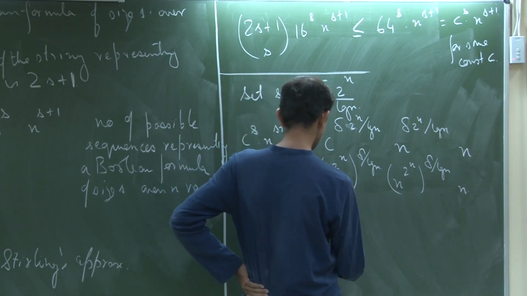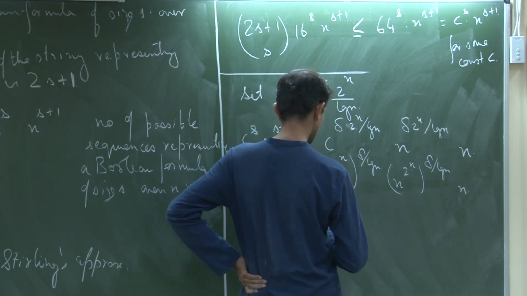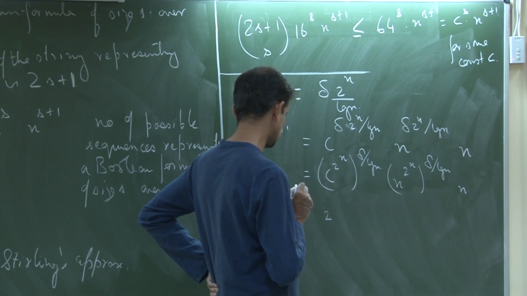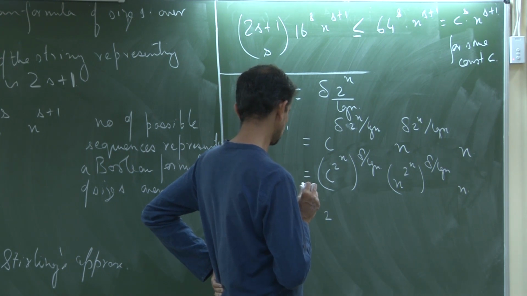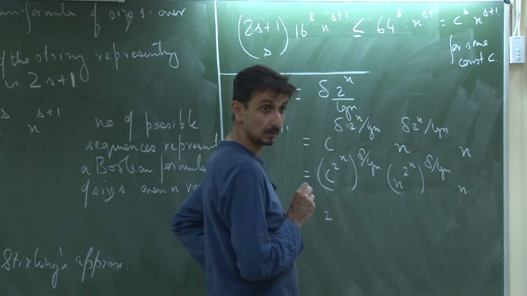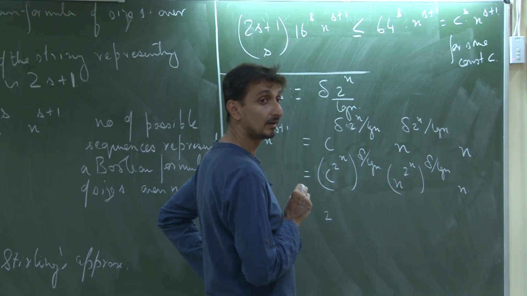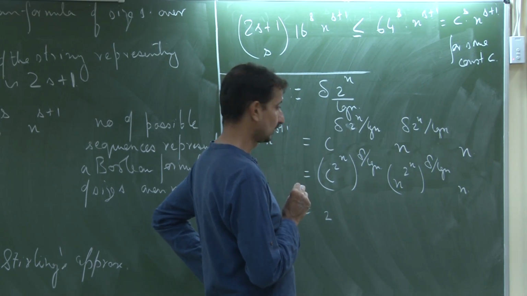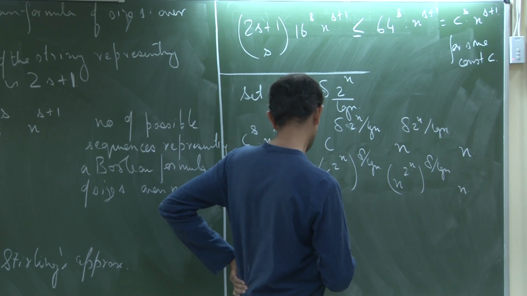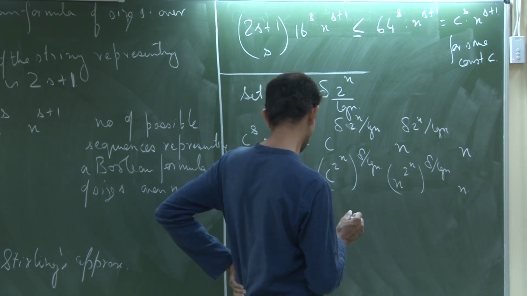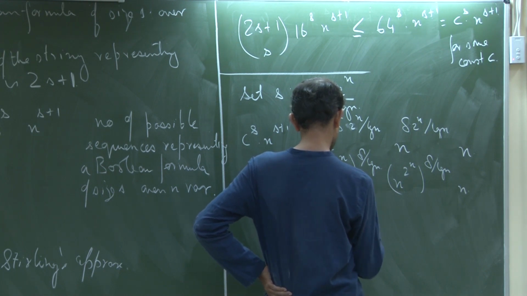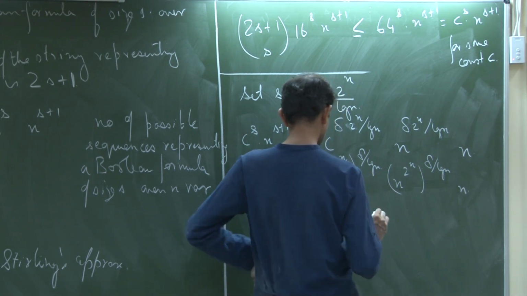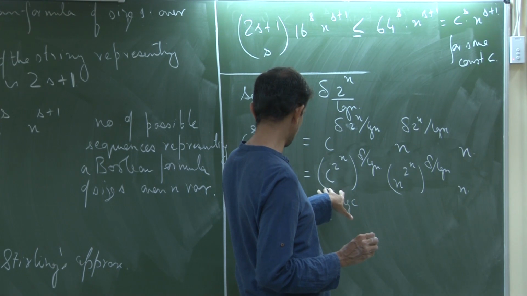So this would be 2 to the power n times log c. Let's just verify this.